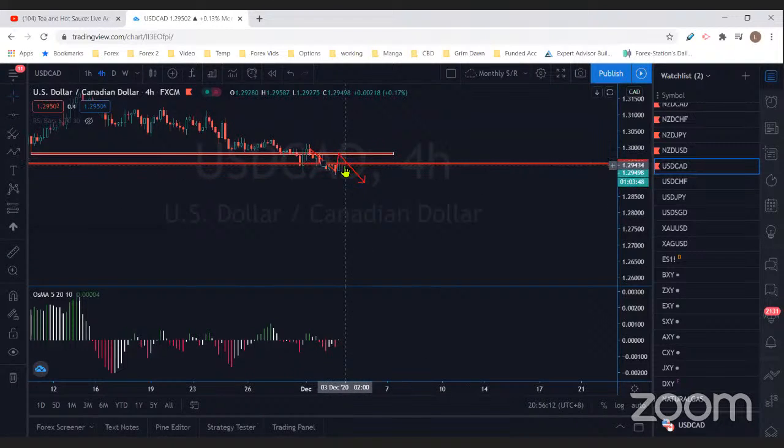We have the same level. Right now, on the very low time frames, there is somewhat of a rejection on the USD CAD. I'm looking at the 30-minute chart, the 50-minute chart, but I'm still not convinced on that trade. But yeah, I'm definitely looking to short that one.